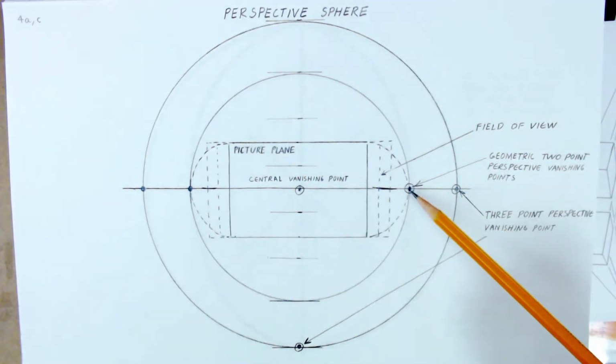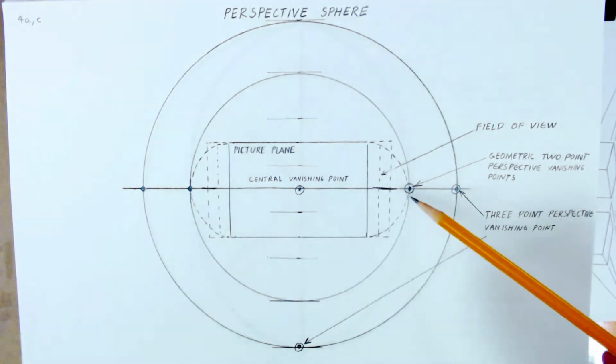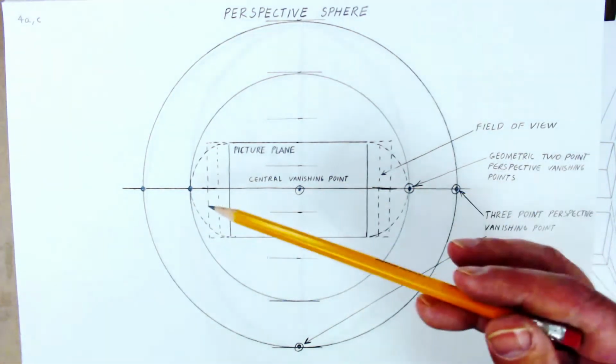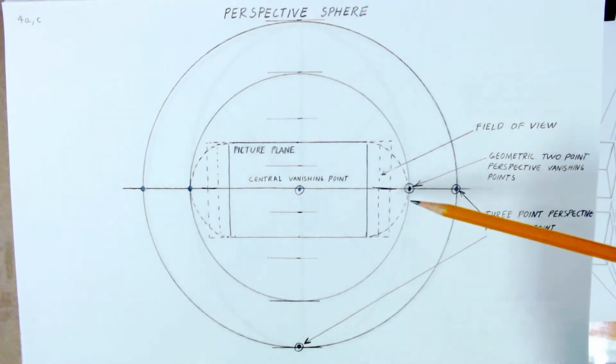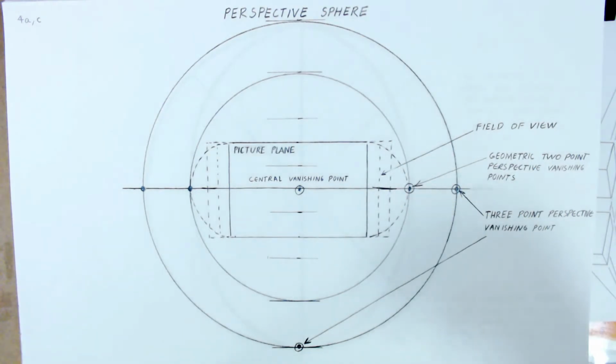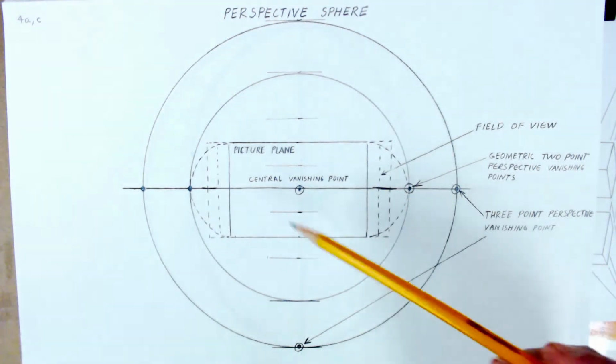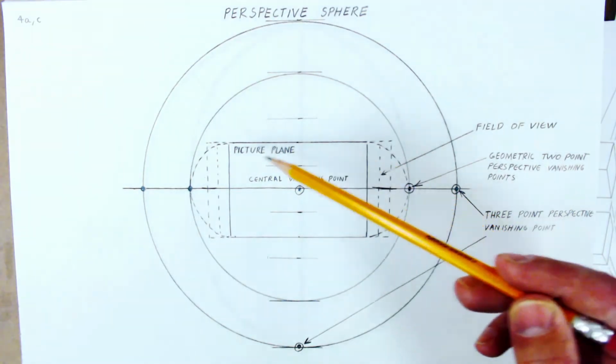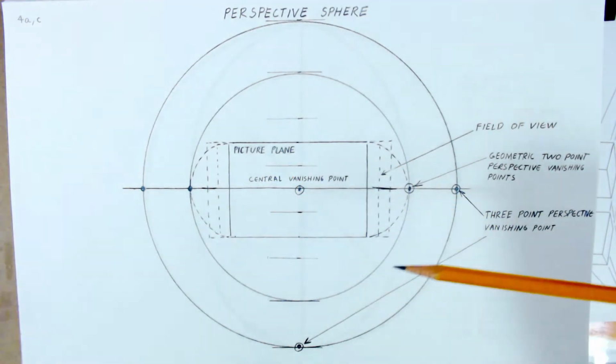Over here, I've got my 2 vanishing points, which I use in two-point perspective. And they are in a very specific area. I'm going to show you exactly how and why those are where they are. And in here you can see this is my field of view, roughly 2 to 1.